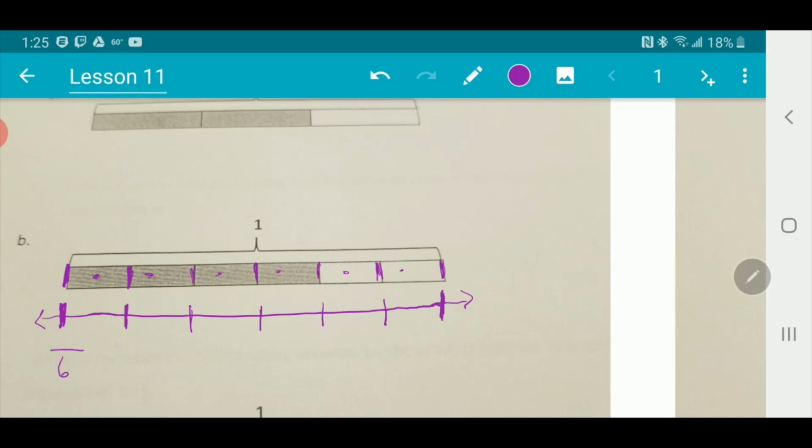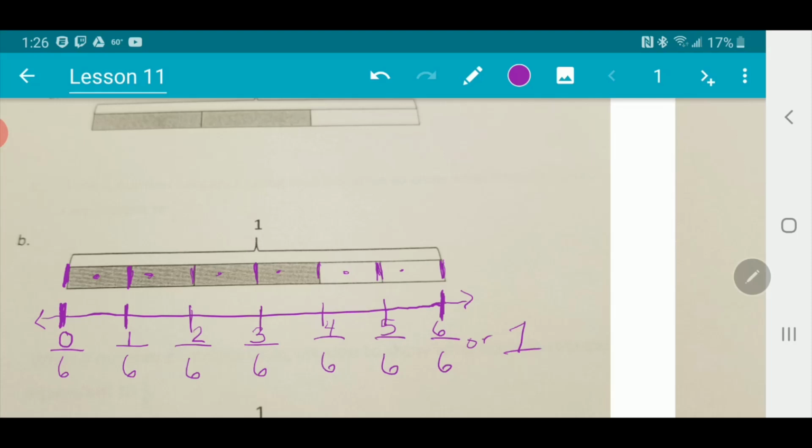So that's going to be our denominator. Okay, so this first tick mark represents 0/6. And we have 1/6, 2/6, 3/6, 4/6, 5/6, 6/6, or 1 whole.